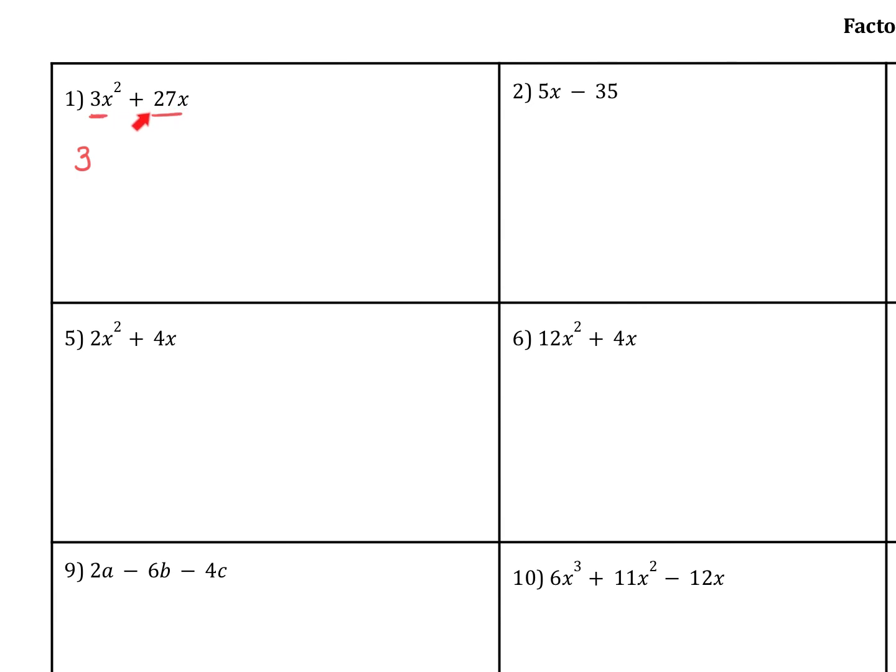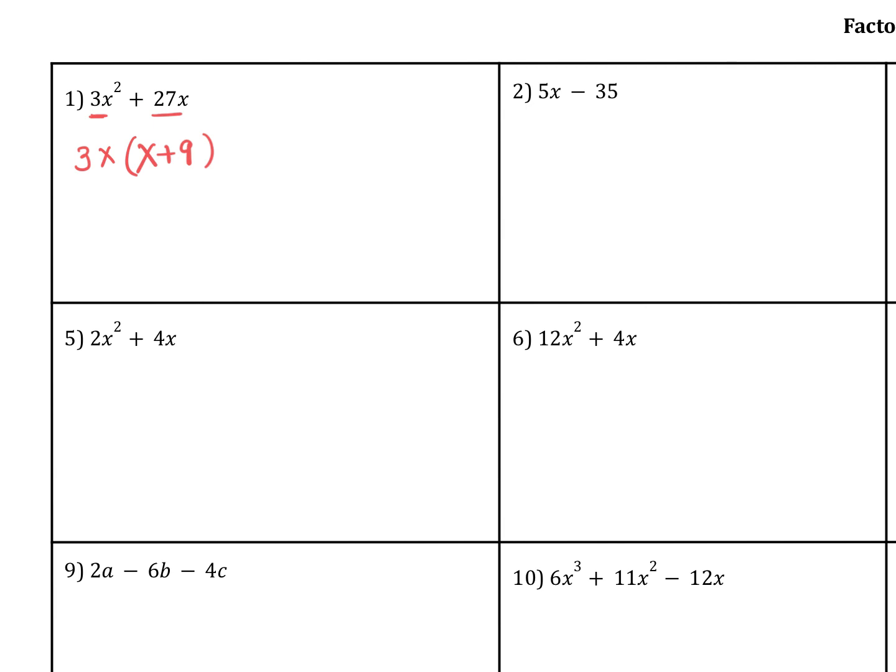Both of them have 1 x common, so you take out 1 x. Inside the bracket, 3x squared divided by 3x leaves just x. And 27 divided by 3 is left with 9. And then x divided by x is just nothing for the variable in the second term.